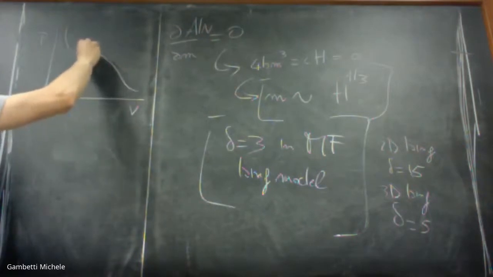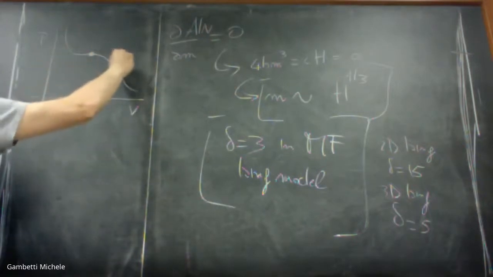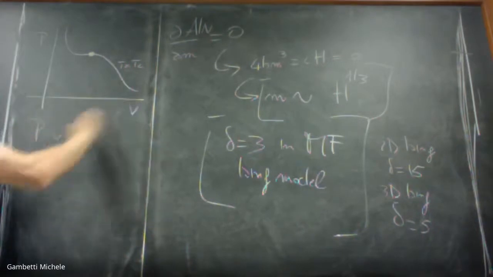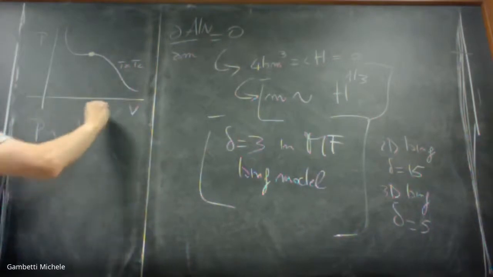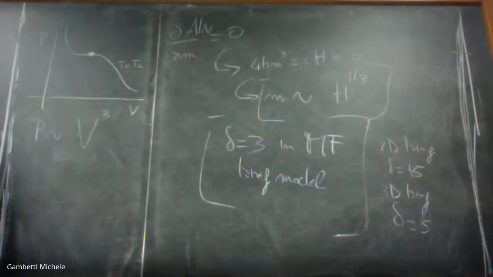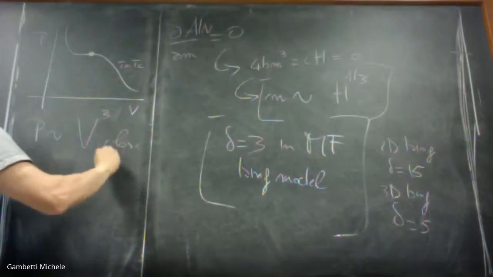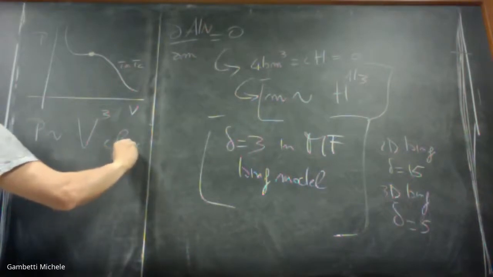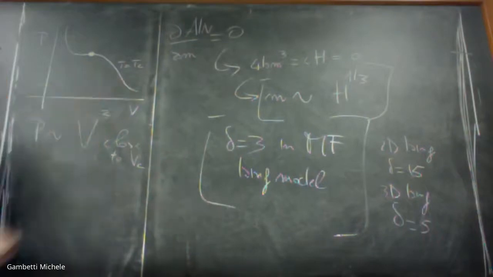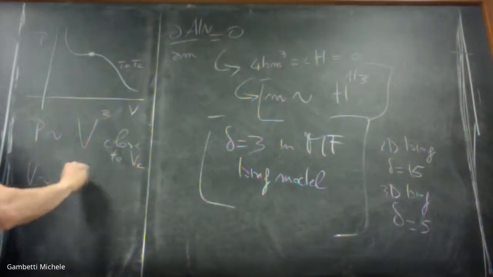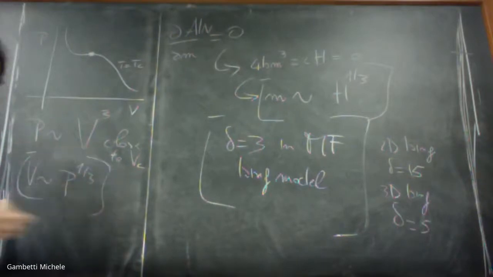So this is T equal to Tc, we saw that the scaling of P in terms of volume was that P was scaling as volume to the power of 3, close to Tc.